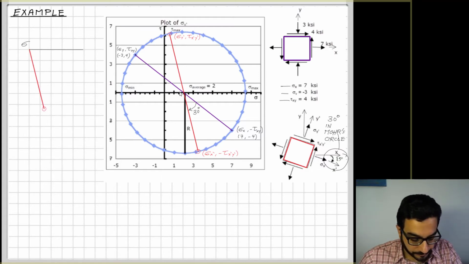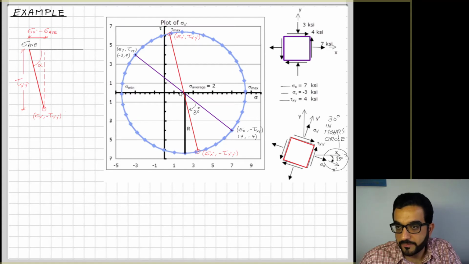If we take out these triangles, we have this big triangle that refers to half of the diameter, or the radius, from the point of sigma average, which is 2 here, the average of negative 3 and 7.